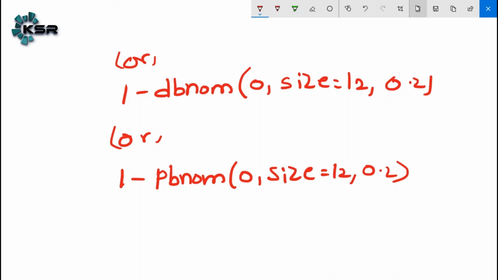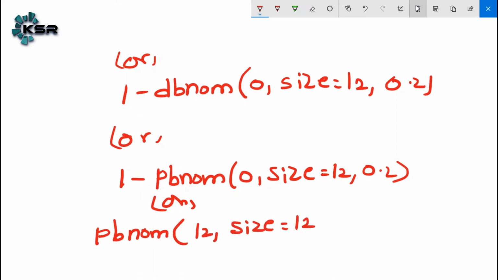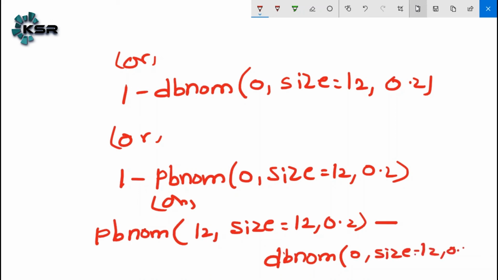Or you can write it the other way around: pbinom of 12, size equal to 12, 0.2, minus dbinom of 0, size equal to 12, 0.2. pbinom of 12 means 12, 11, 10 and so on, it will include the 0 also.